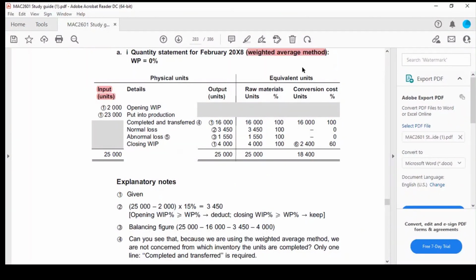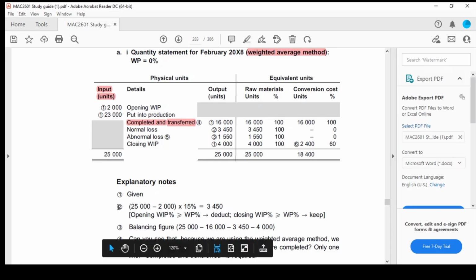Because remember, you must also remember other rules of inventory valuation. Under outputs, you've got completed and transferred, which is 16,000. Because remember, under weighted average, you don't split between opening and what was put into production. You just put it as it is, 16,000.